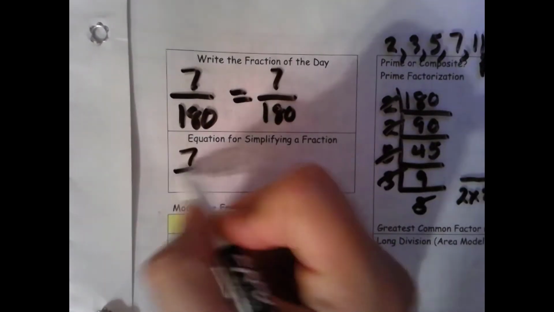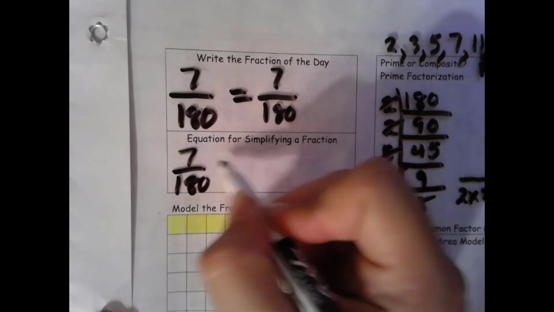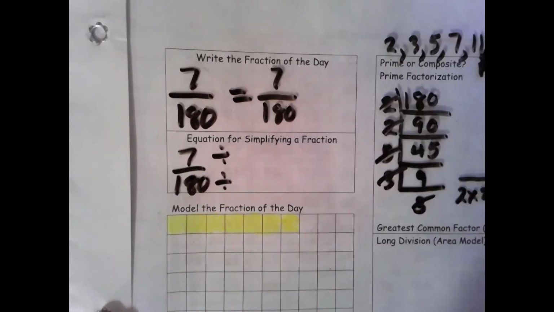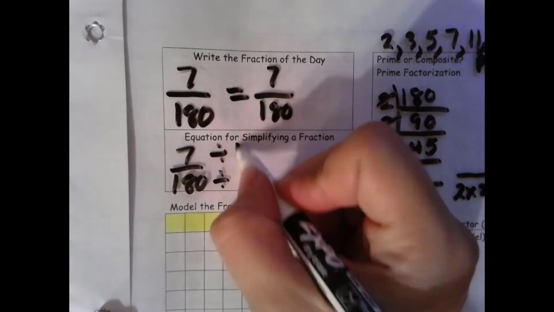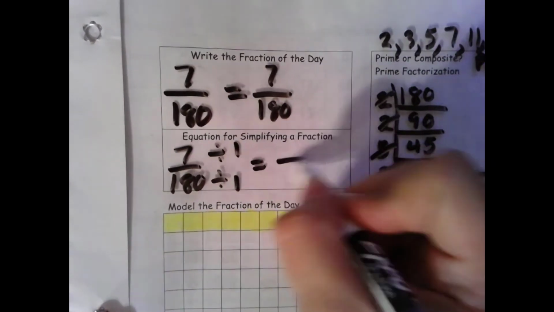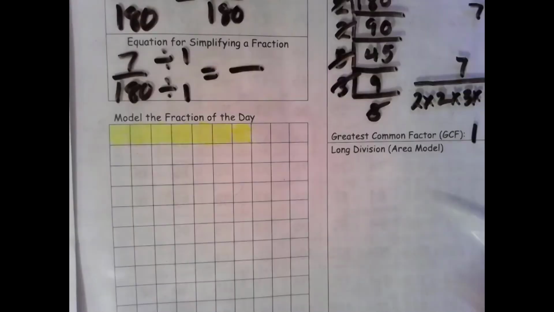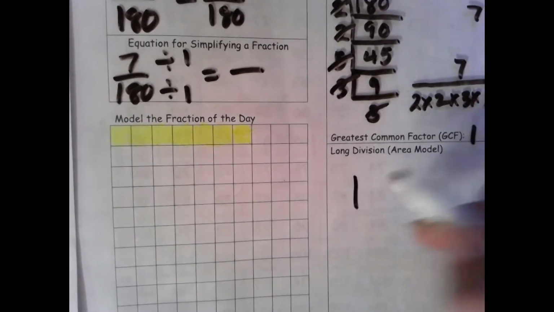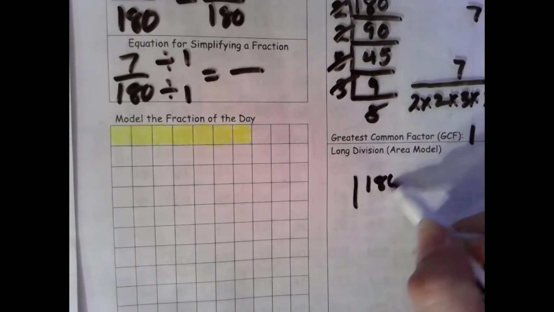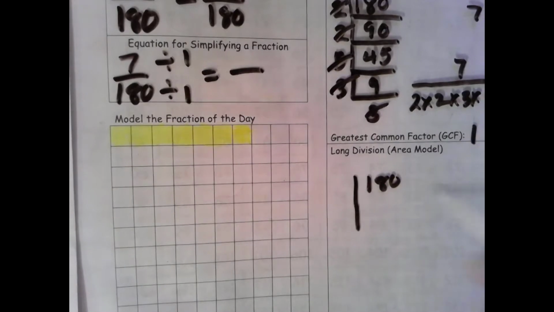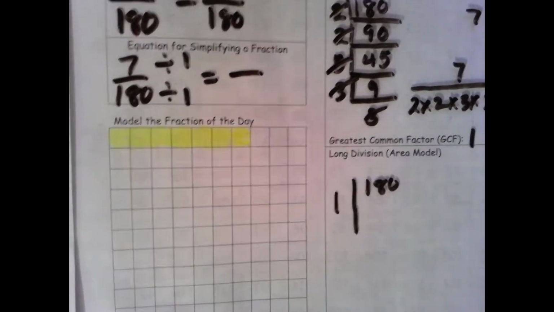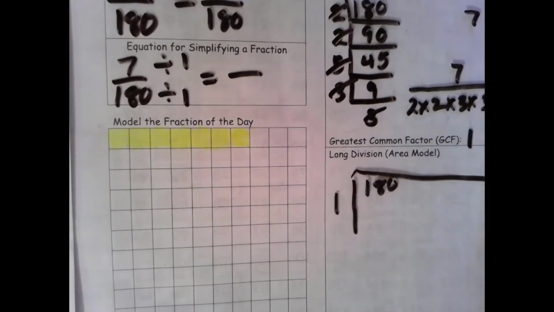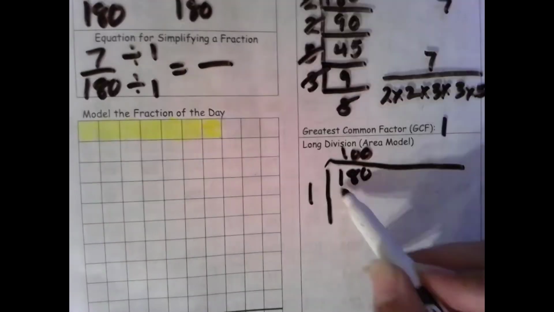But I still would like to make sure we can prove this. We're going to divide by 1. So if we look at 180 divided by 1, well, I can start out with 100 times 1 is 100.